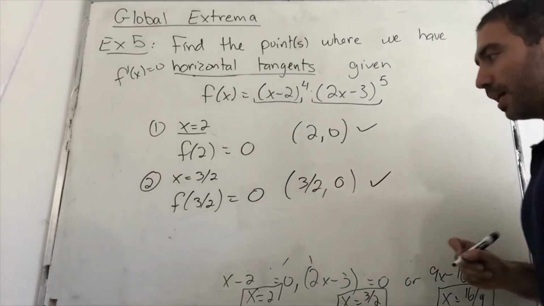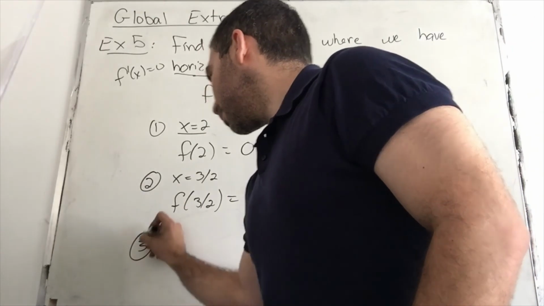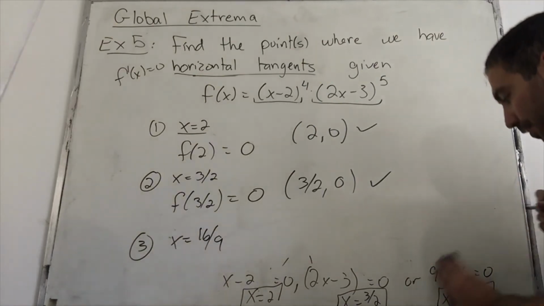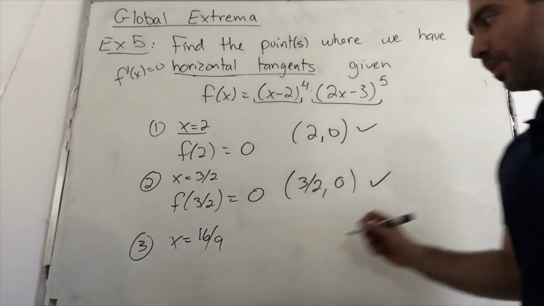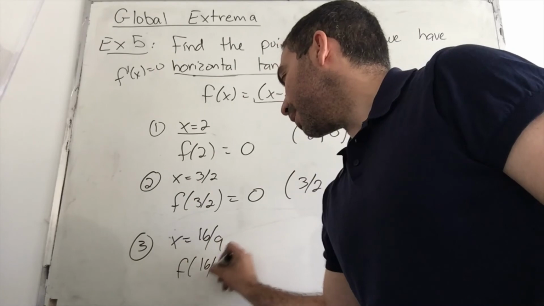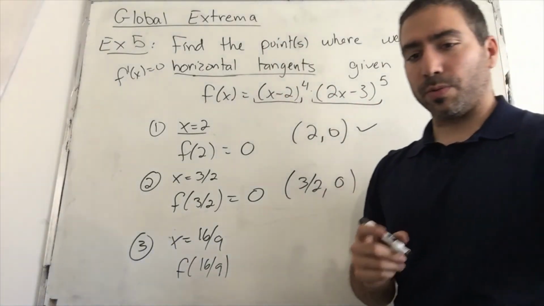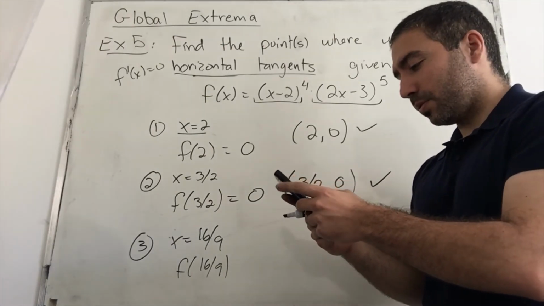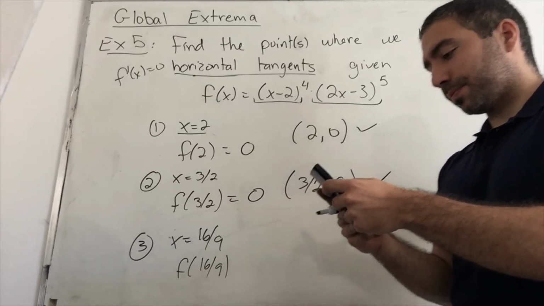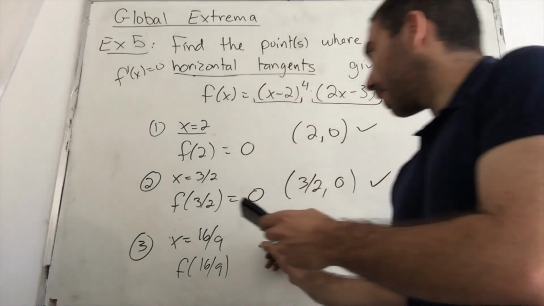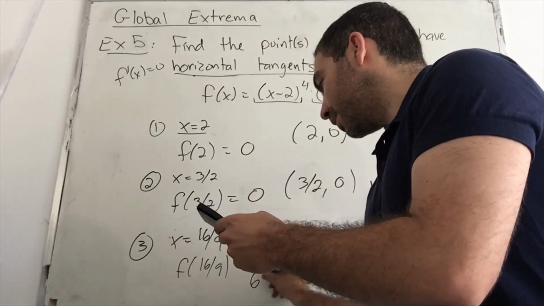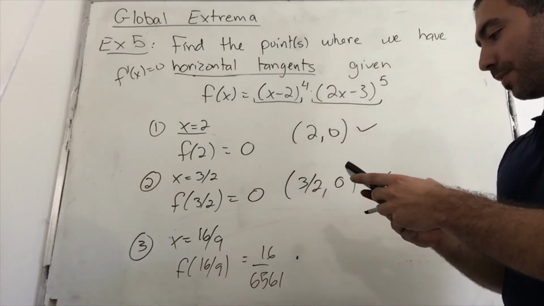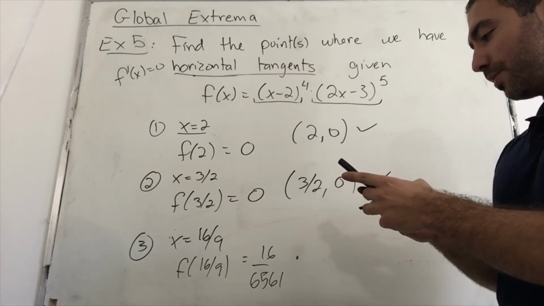That's done. And now the third horizontal tangent occurs at x equals 16 over 9. And this one will need a calculator. So if we look for f of 16 over 9, we plug in 16 over 9 into here. What do we get? So 16 over 9 minus 2 to the 4. I'm getting 16 over 6561, multiplied by 16 over 9 times 2 minus 3 to the 5.